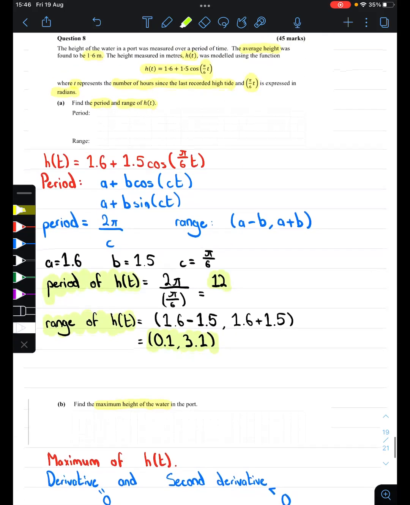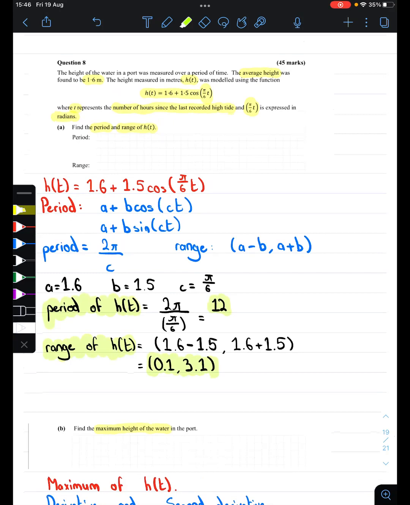And that makes sense, because if we look at the function h of t, we have a cosine, and we know that cosine can only be as large as 1. So this is biggest when cosine is 1, and when cosine is 1, the function is 1.6 plus 1.5 times 1, which is just 3.1.